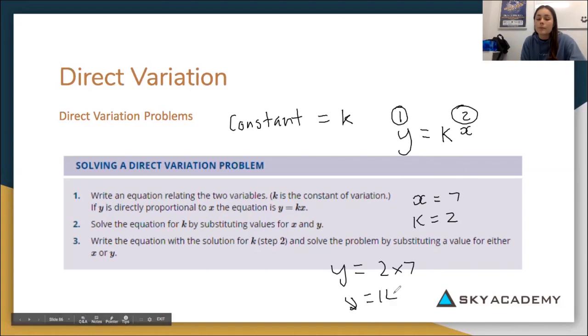So we can use K as a connection point between the two variables to then find more answers to questions relating to that context. So this might be a little bit confusing, but we'll have a look at an example now, and hopefully it all makes sense. And then you can come back to these steps and see what they mean.